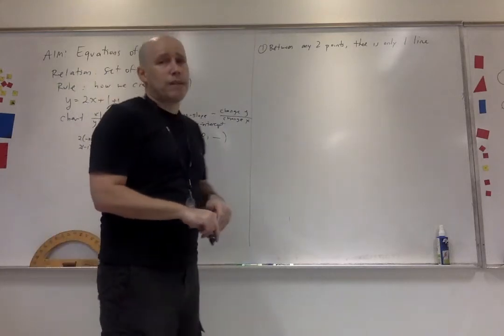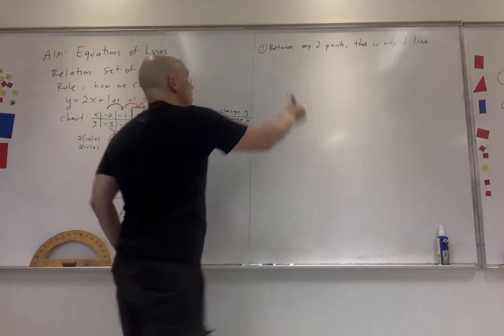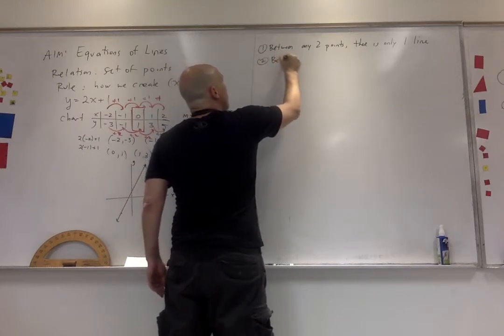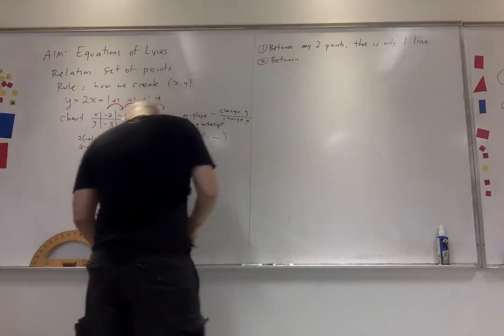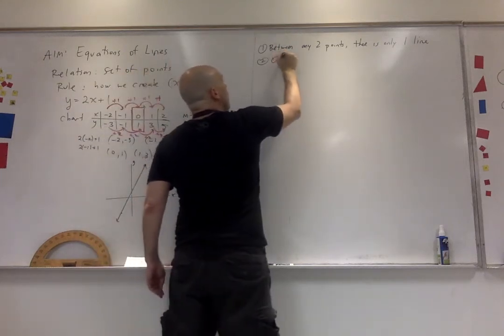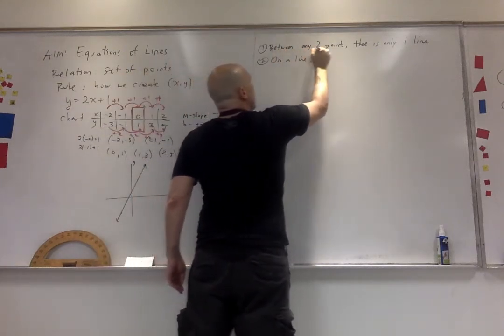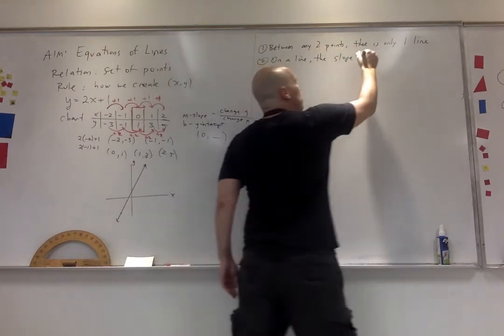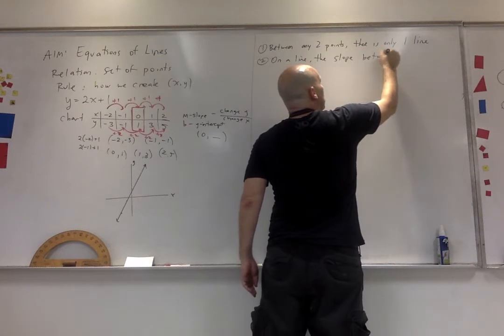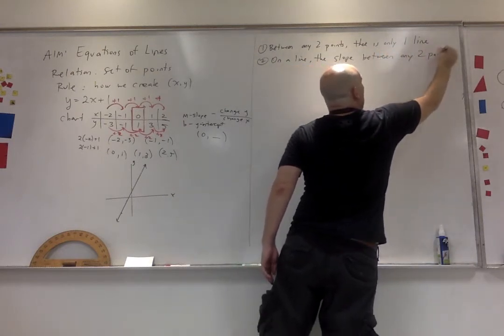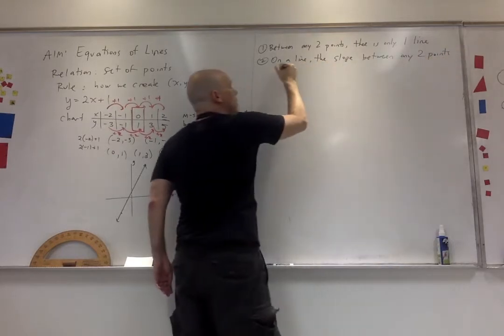And then the other one is a theorem. The theorem is that, on a line, the slope between any 2 points is constant.